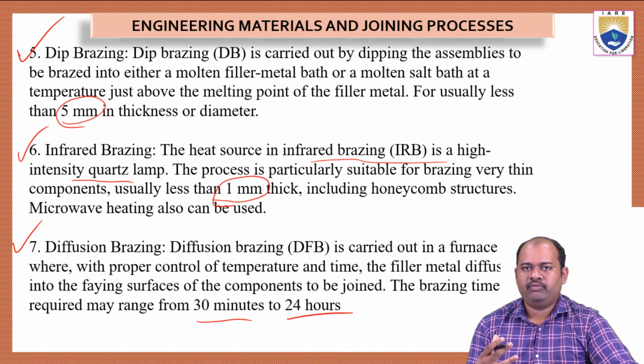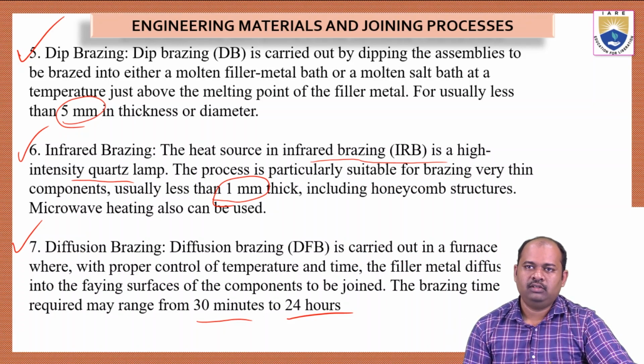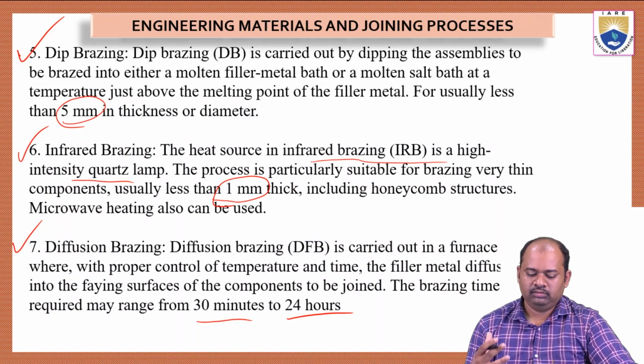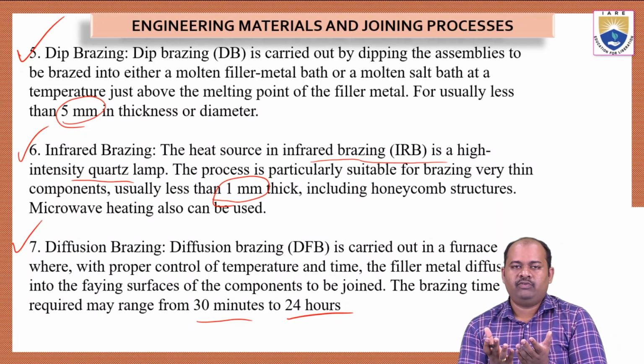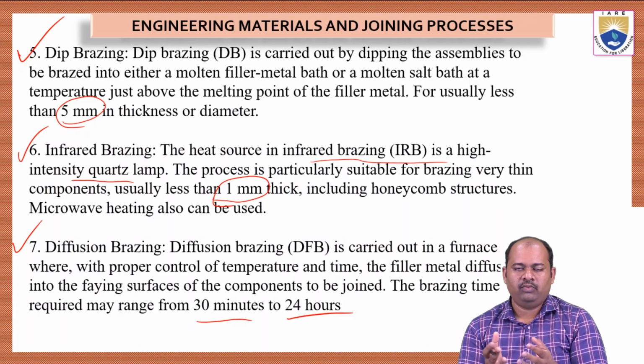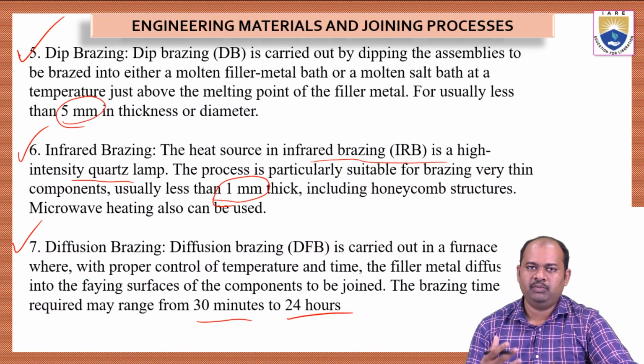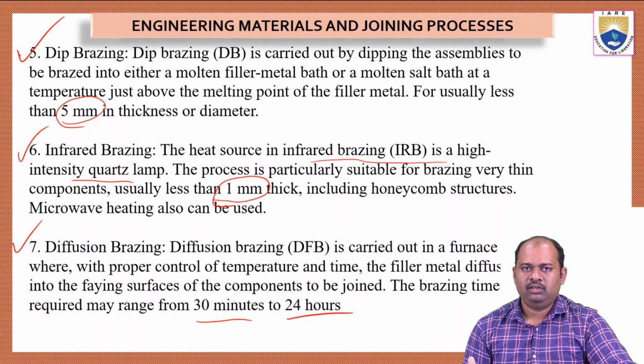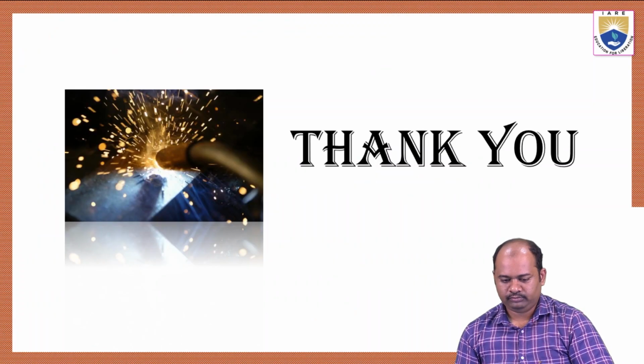So the time will take from 30 minutes to 24 hours. It is done slowly, yet it forms a brazing joint. Depending on the particular application, diffusion brazing is required.